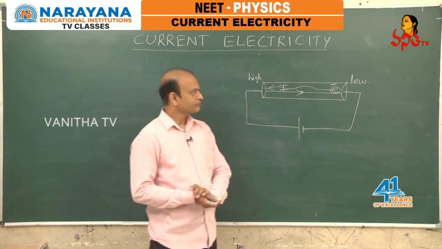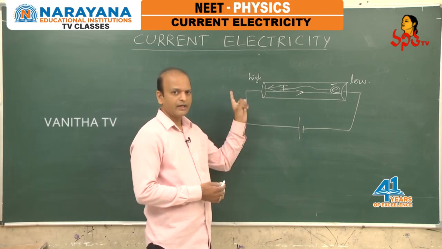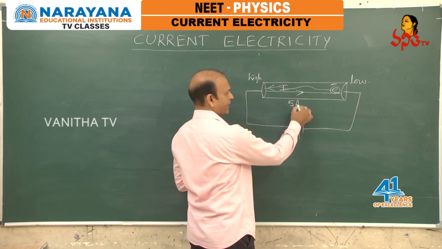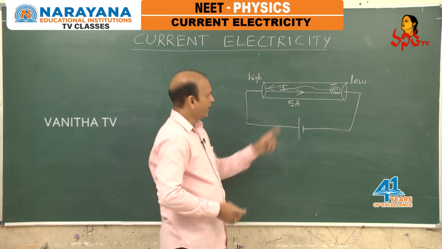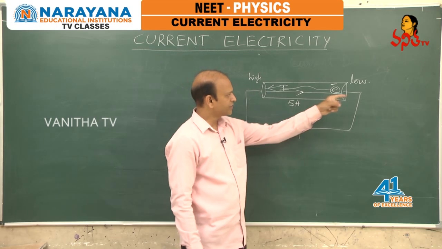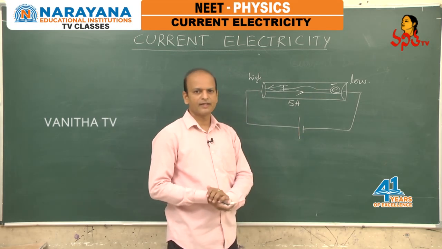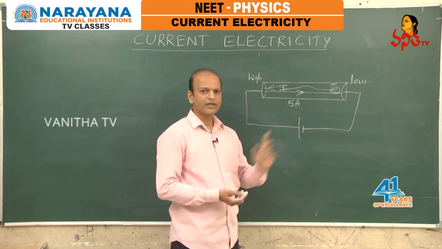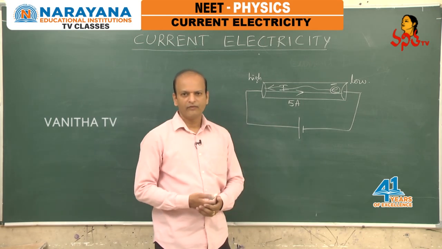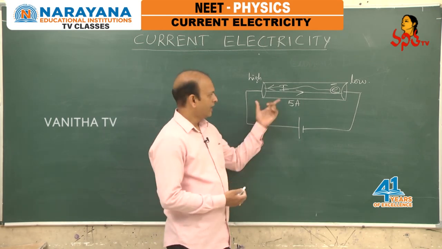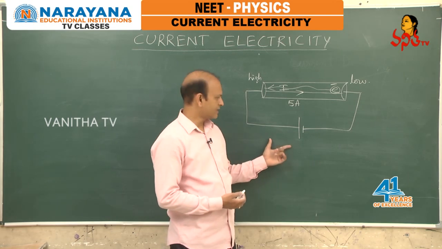Coming to the current, for example if a 5 ampere current is passing, it has magnitude and direction, from high potential to low potential. So direction is there, magnitude is there, but still it is not a vector. Let us take one example.